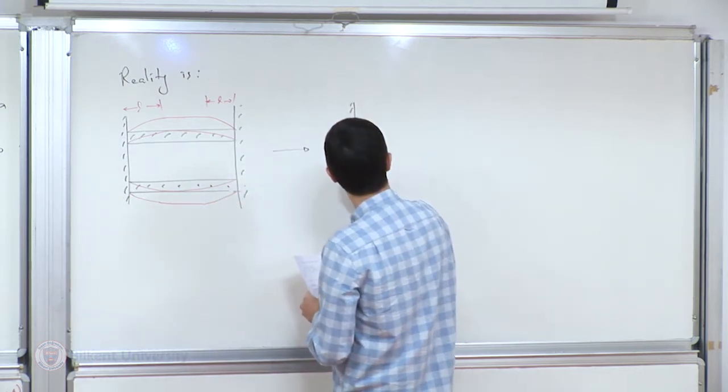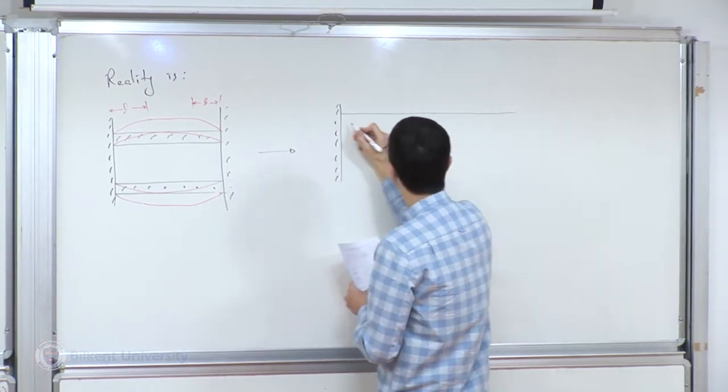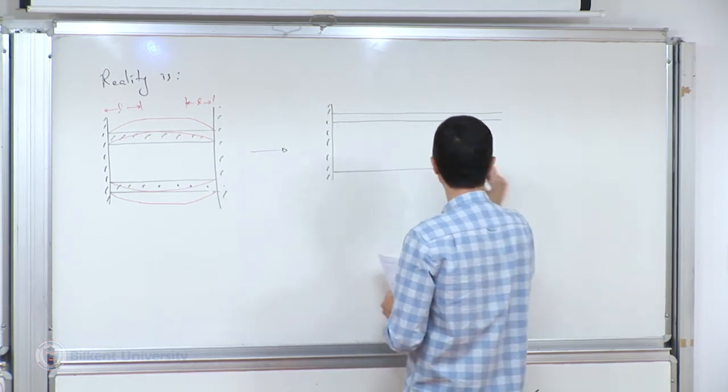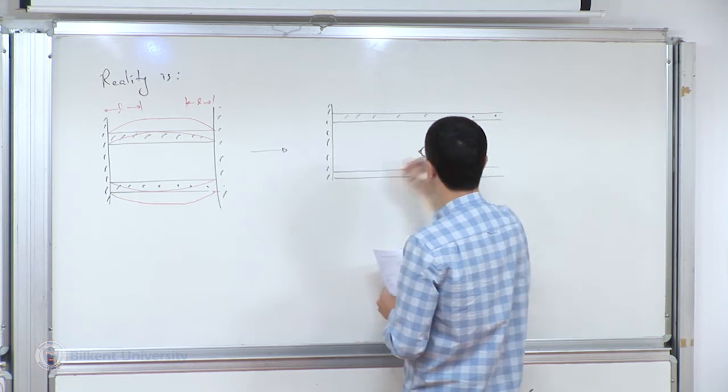What we will observe is that if we take even a longer cylinder, so let me take this new example, a longer one. Again, I'm showing the cut across the axis of the cylinder.